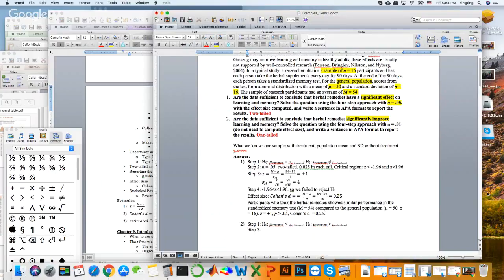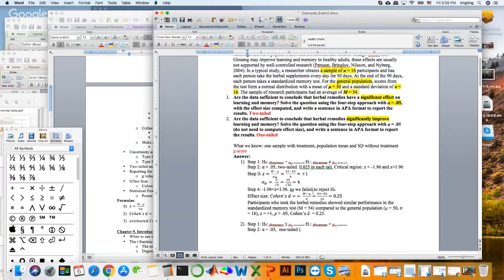Similarly, step 2. We know the alpha equals 0.05 is the same. But it is a one-tailed test. That means the 0.05 is on the entire one tail.